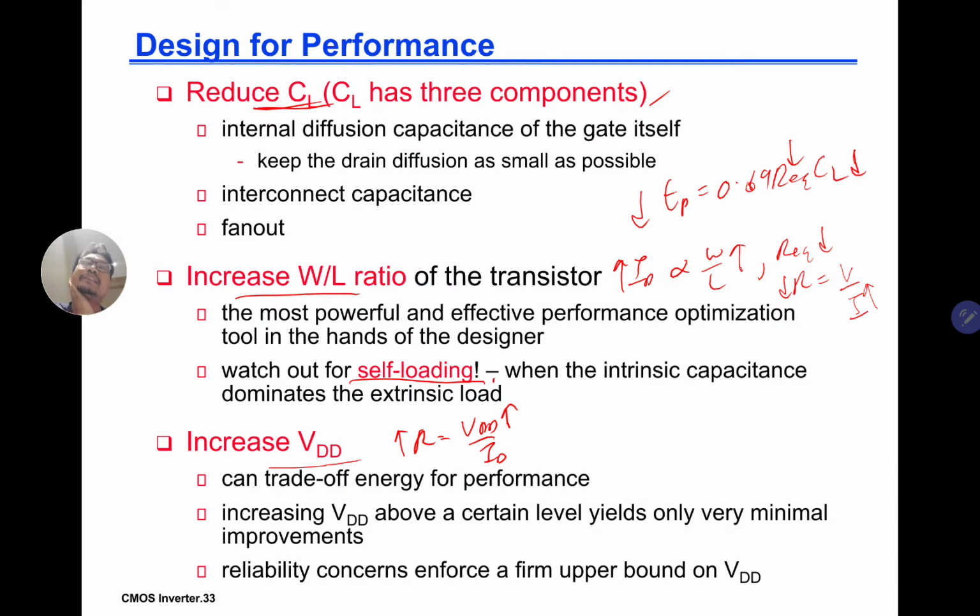Increasing VDD will also increase the current, and the current increase will probably be higher than the increase in VDD. Therefore, your total resistance will be lower, and then you have a faster circuit.